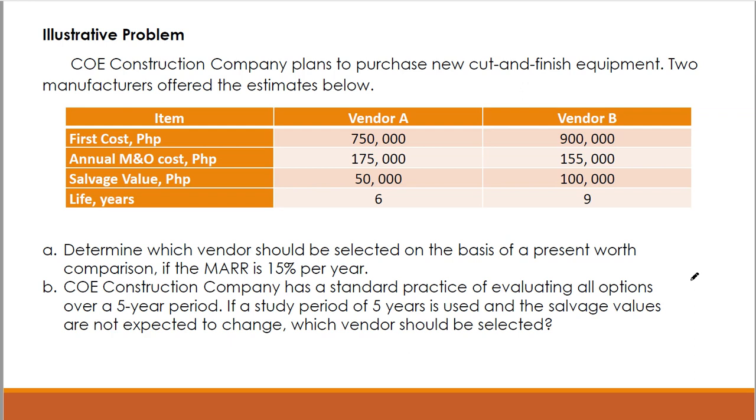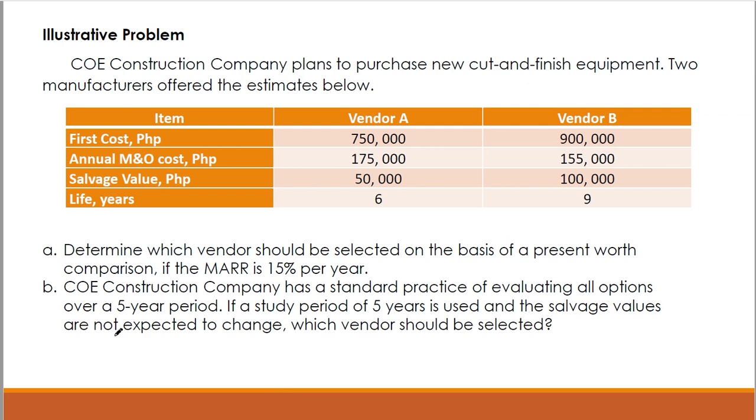Then COE Construction Company has a standard practice of evaluating all options over a 5-year period. If a study period of 5 years is used and the salvage values are not expected to change, which vendor should be selected?